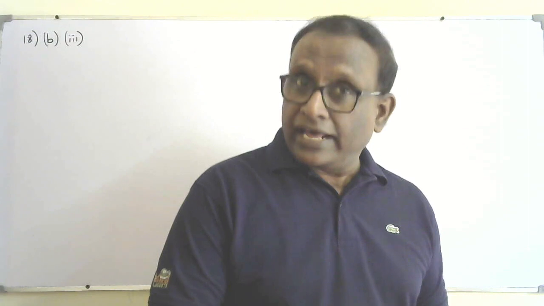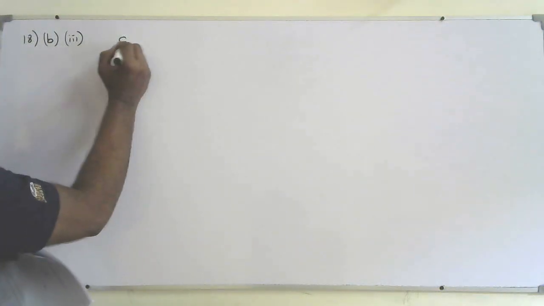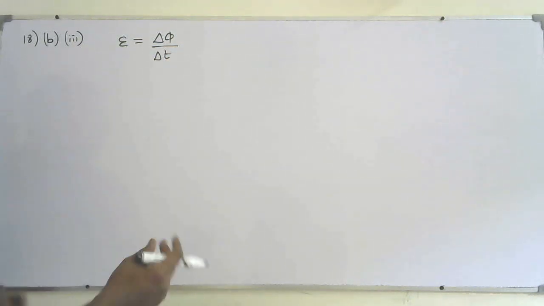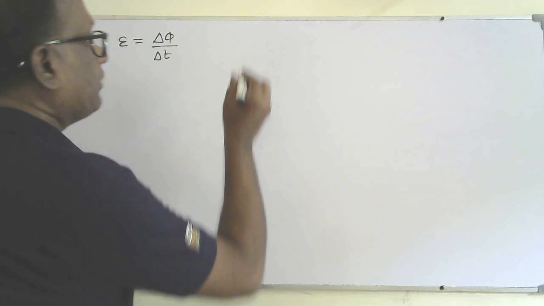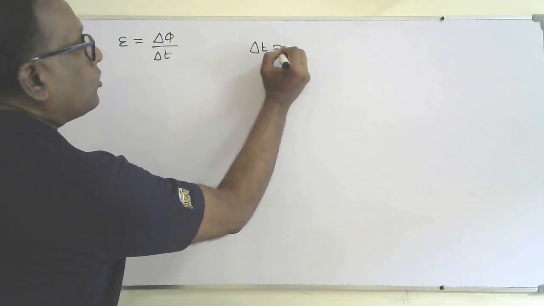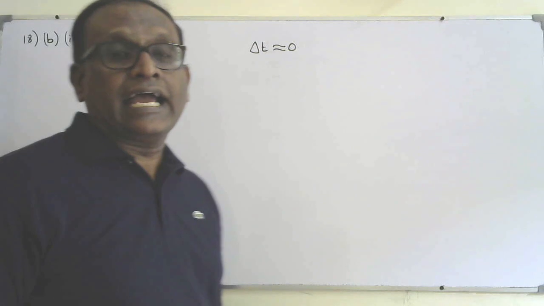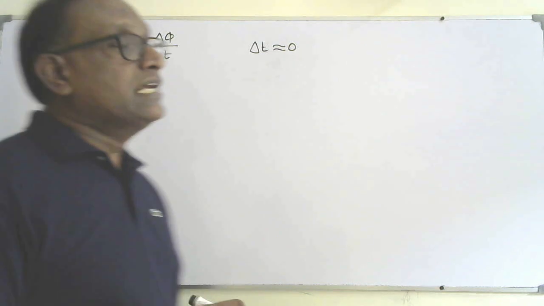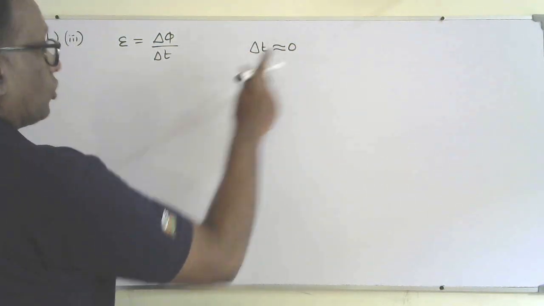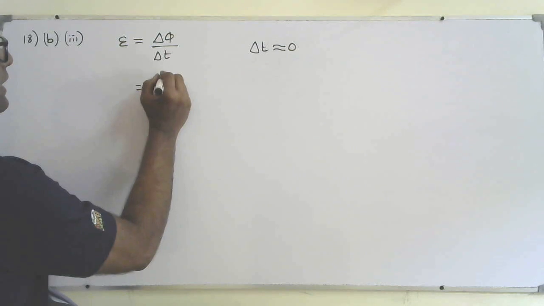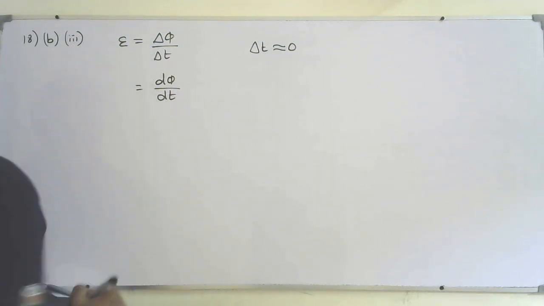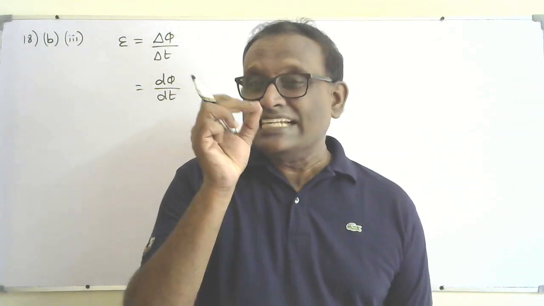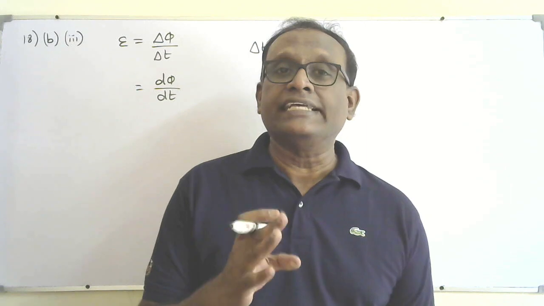So, according to Faraday's law, the induced EMF is given by change in flux over time taken. When we consider a very small time, when delta t becomes almost equal to 0, according to calculus, it becomes d phi by dt. Understand? So when we consider a very small time, you will get the instantaneous induced voltage at an instant.